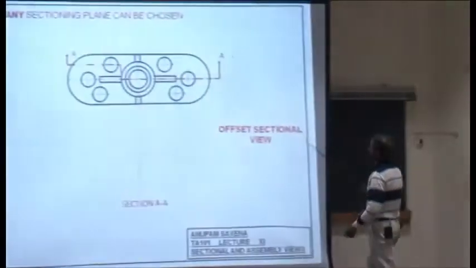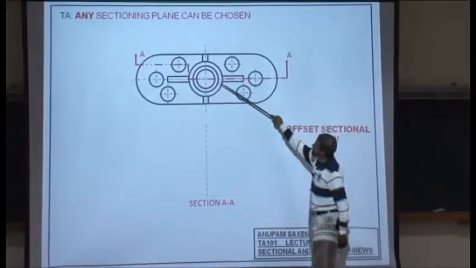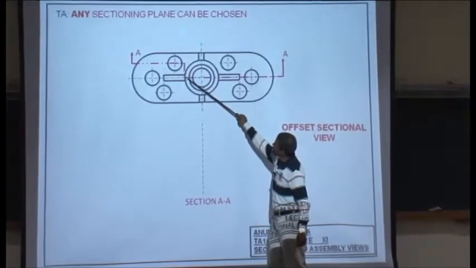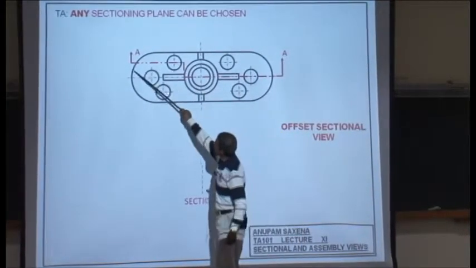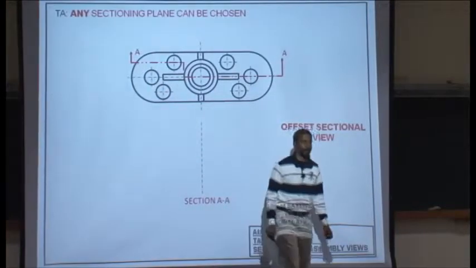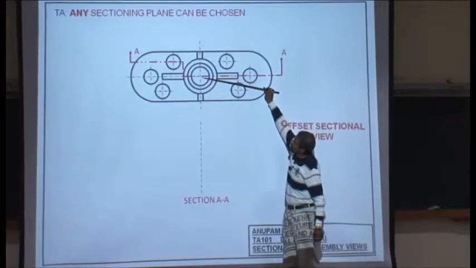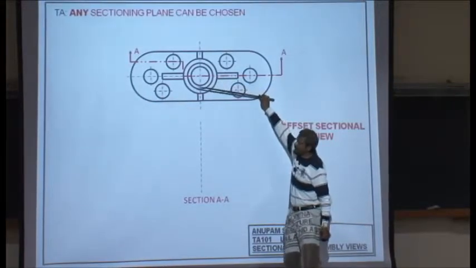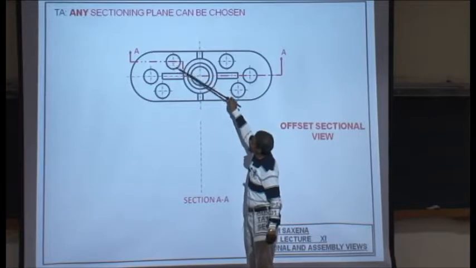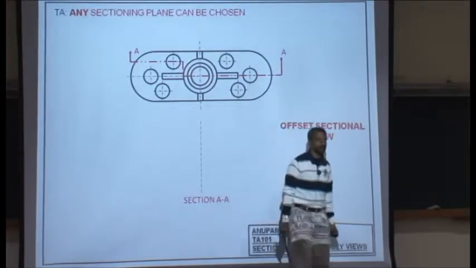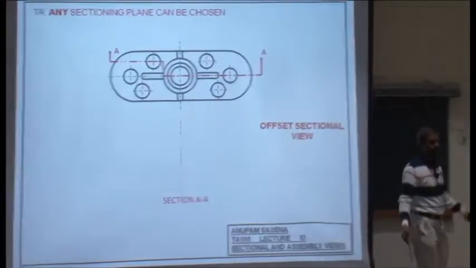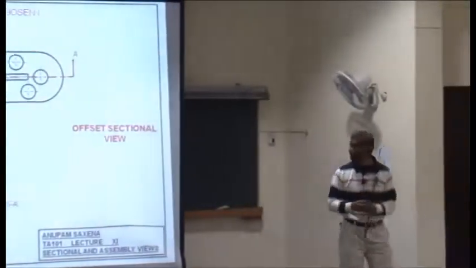It starts from here up till here, goes back, starts from here up till here. So the right part is actually showing the center part of the object, and the left part is also covering the features which are at the back of the rib. So you can choose the section plane you want.